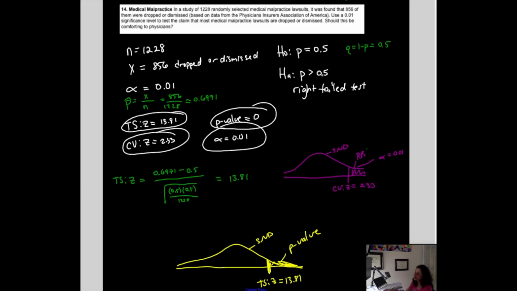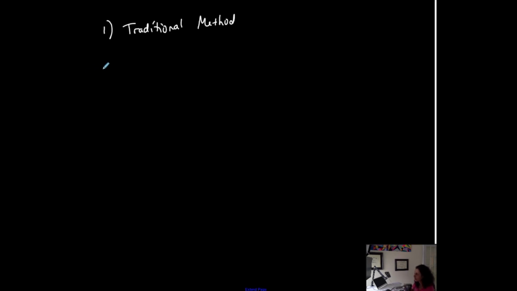So the first method that I said we can use is called the traditional method. The traditional method compares your test statistic to your critical value. If the test statistic is within the rejection region, then you reject the null.